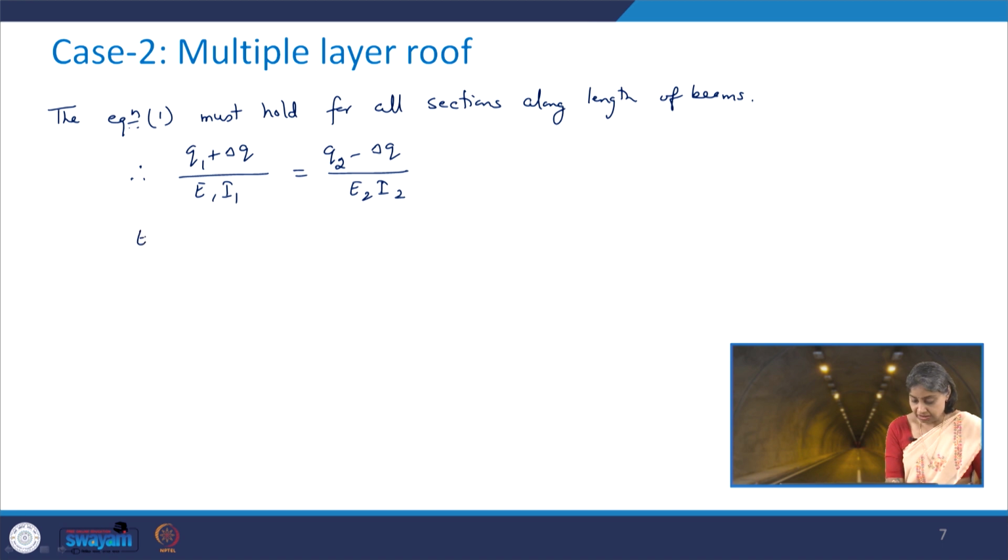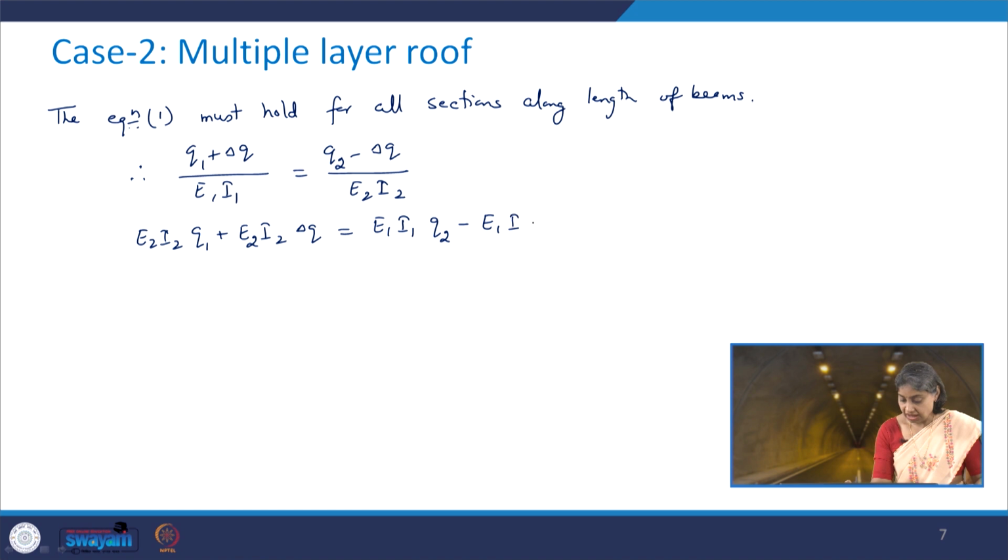We have E2 I2 Q1 plus E2 I2 into delta Q, which will be equal to E1 I1 into Q2 minus E1 I1 into delta Q. Now collect the terms for delta Q together. So I will have E1 I1 plus E2 I2 into delta Q, which will be equal to E1 I1 Q2 minus E2 I2 Q1.